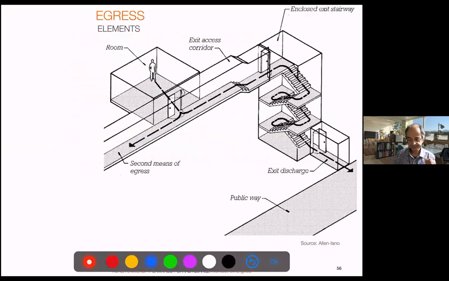Regarding the concepts, you have rooms, and usually the escape origin is the door of the room, right? Unless it is an open plan office or a department store, then, as it is open plan, you have to consider the farthest point, but usually escape is measured from the exit. Usually those doors are fire resistant or smoke resistant. And then you measure the distance from that exit to the stair space. And this is the 30 meters or the 50 meters we commented on before, right?